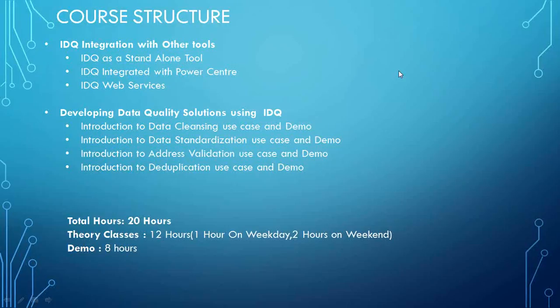So on the whole it would be around 20 to 25 hours. We will see how it depends on the way we are able to proceed, because there could be some students who are very new to data quality. They might take a little bit more time to take in the concepts. So we can go plus or minus on the total number of hours. That's not a hard stop. So this is how I've organized the course structure.